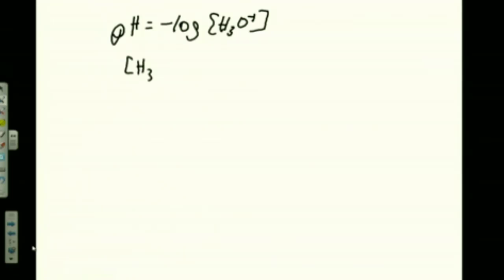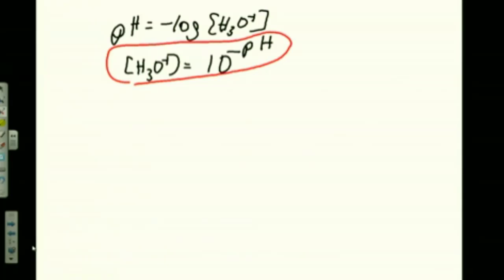The hydronium ion concentration equals 10 to the negative pH. Take my word when I say these two equations are the same. Most of you probably don't know that. So guess what? You know this equation too. Okay? So I've given you 3 equations so far today, right? That you need to know.